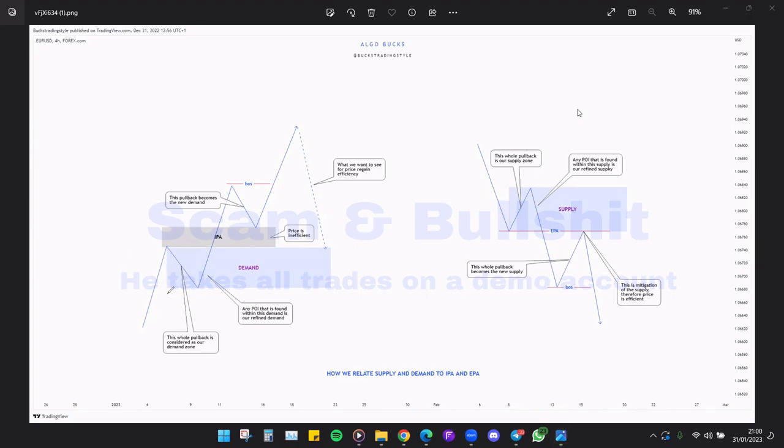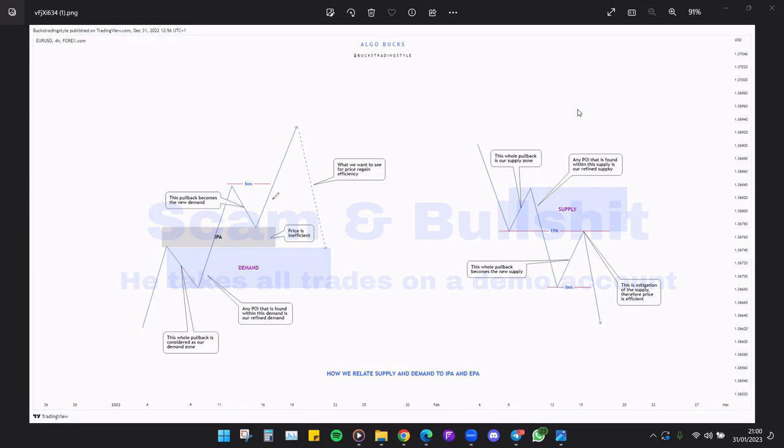If impulse moves to the upside and corrective moves to the downside, we mark the whole range as our demand zone. Then any POI found within this demand is our refined demand. That means we might be getting the last sell-to-buy candle right here, and we're going to mark this as a refined demand zone.